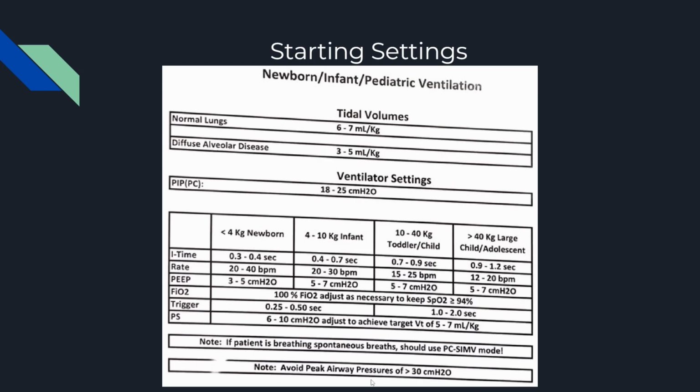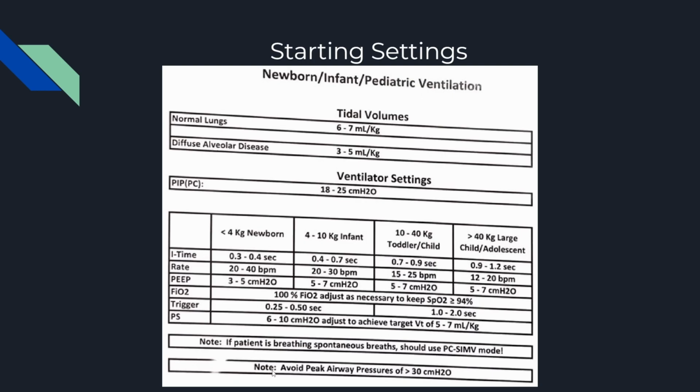And then he's got a couple of notes down here. Avoid peak airway pressures of over 30. Like I said, 25 to 30 is the highest you should ever have a setting, like PEEP and pressure support combined. If you're getting pressures above 30, then we're talking about pneumo-causing pressures. There is one exception to this rule.